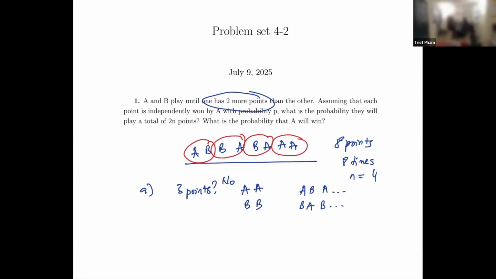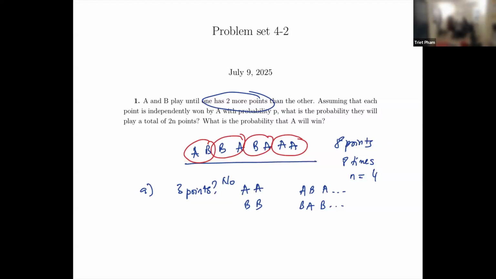So here, the key to analyzing this game is that you have two players that play until one has two more points than the other. And so you will see that, first of all, this game cannot be played for an odd amount of time.